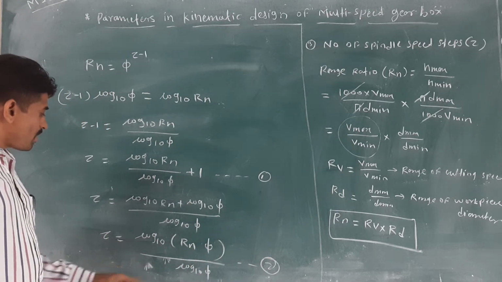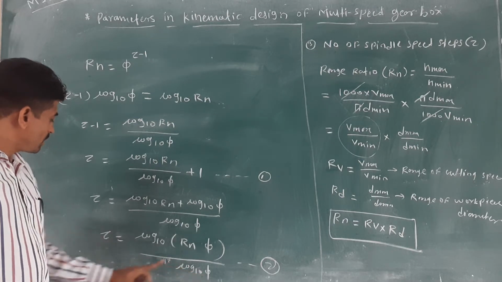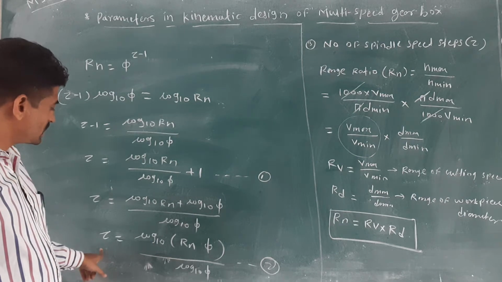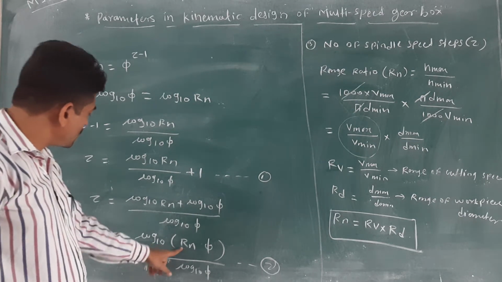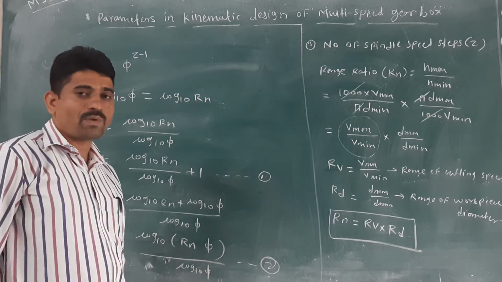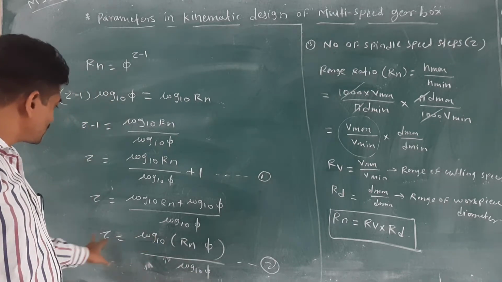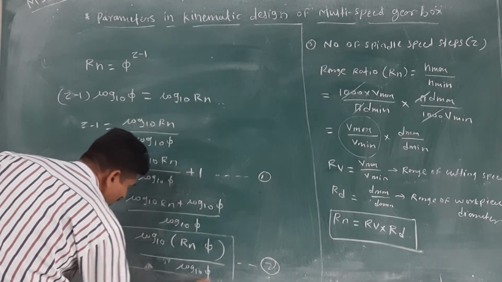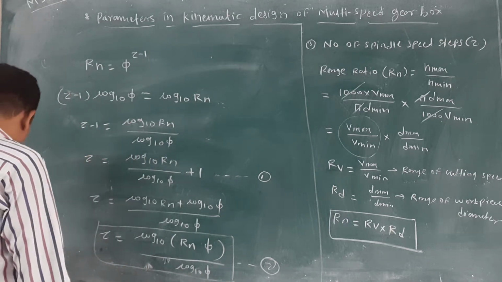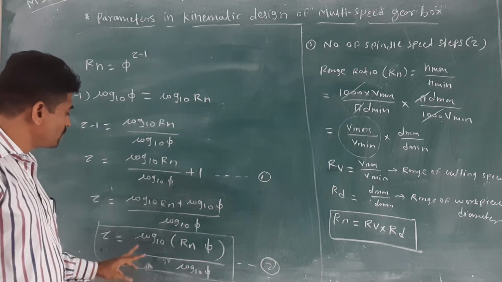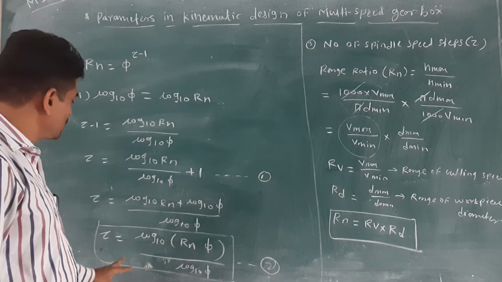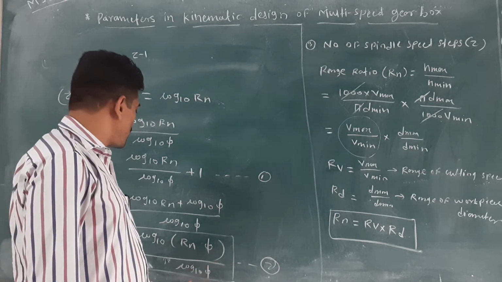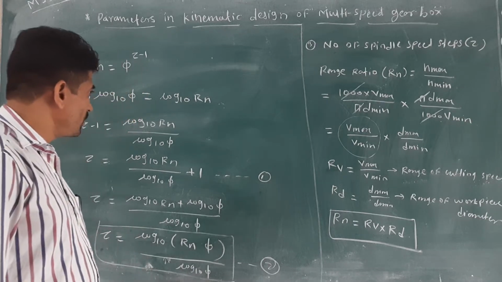Knowing the value of Rn and phi, we will get the value of z. Or knowing the value of Rn and z, you will get the value of phi. Any one value. This is a very important equation. You should remember this equation. When you solve the numericals, we will require this equation: z is equal to log 10 of Rn into phi divided by log 10 phi.